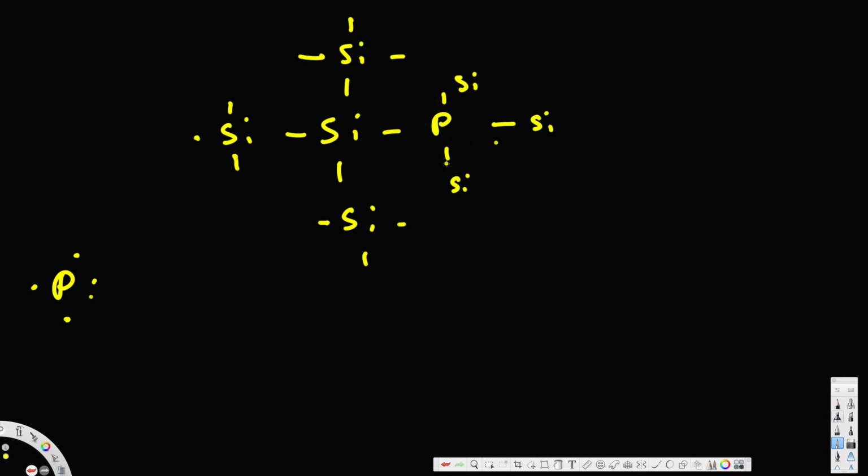Now what about adding an atom that has fewer than 4 valence electrons? Let's say aluminium, which has 3 valence electrons. If you bond this with silicon, let's see what happens.